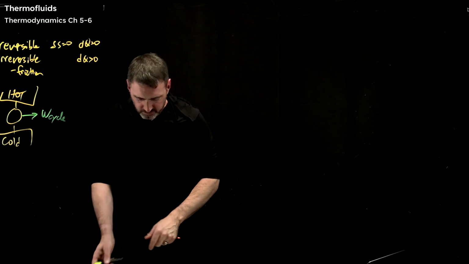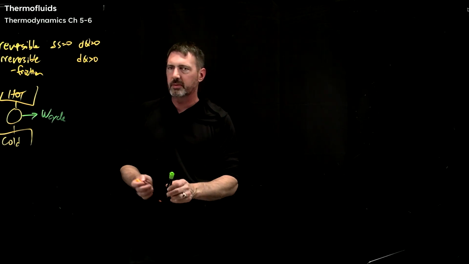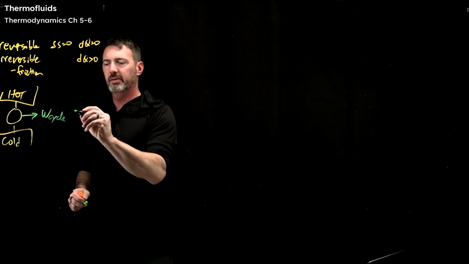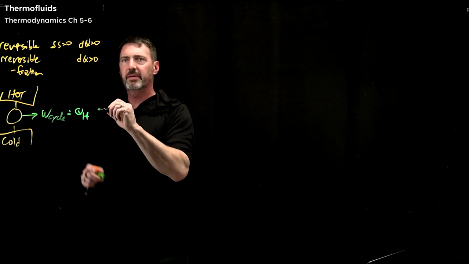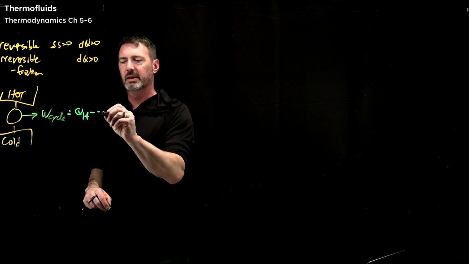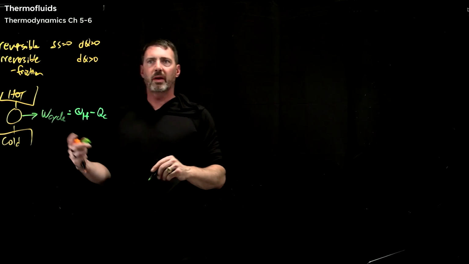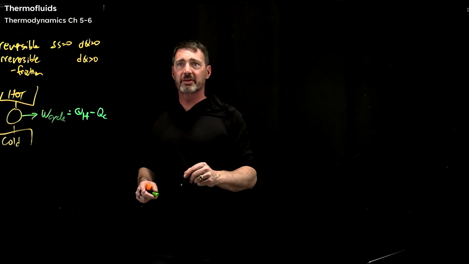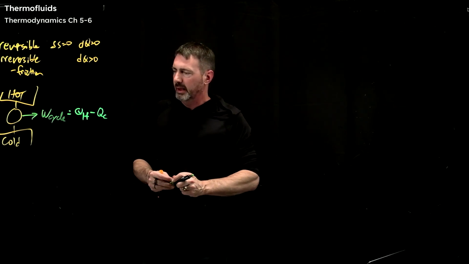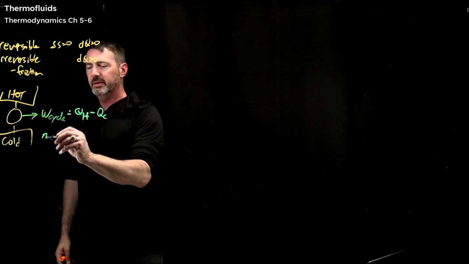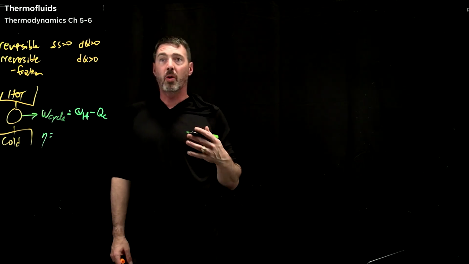The work out of that cycle is basically the difference between the amount of heat coming from the hot source and the heat that's leaving. That's just your basic energy balance. As a reminder, we would define efficiency as the thing you want over the thing you're spending.